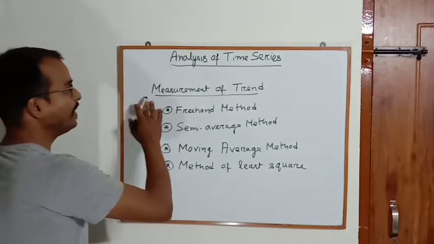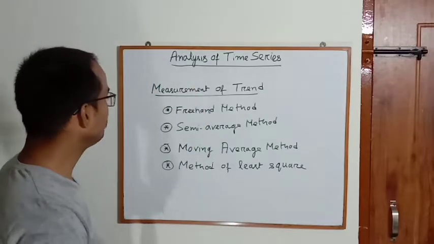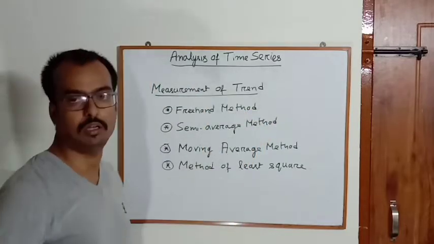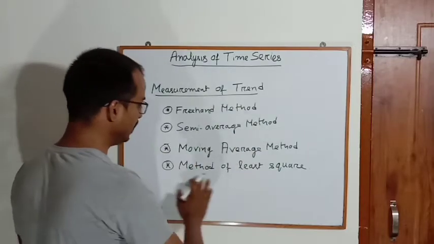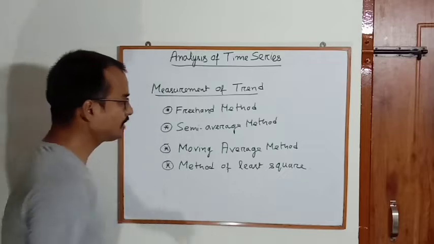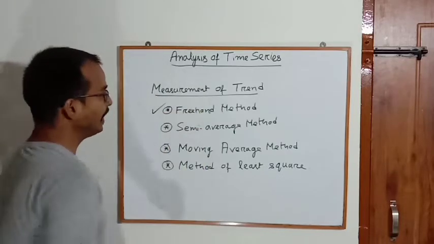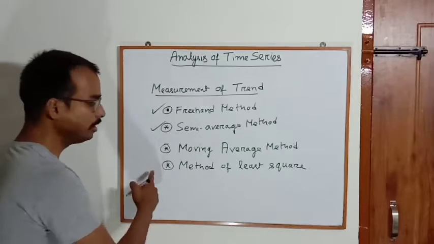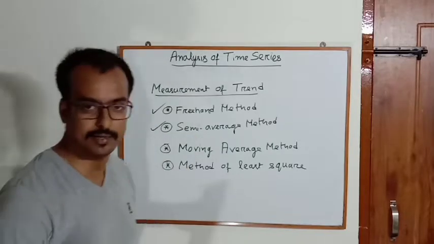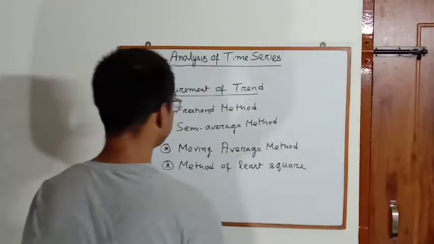There are basically 4 methods: freehand method, which is also called graphical method, semi-average method, moving average method, and method of least square. So today we will be doing these two, freehand method and semi-average method, and the other two we will be keeping for our next class. It will be too long to discuss.